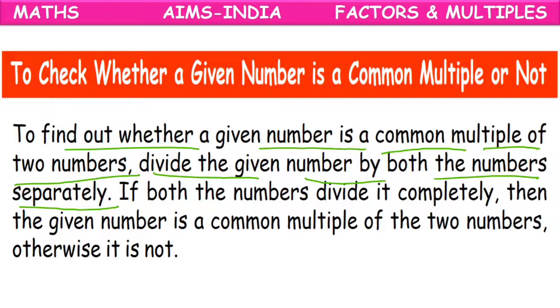We should divide the multiple by both the numbers separately. If both the numbers divide it completely, then the given number is a common multiple of the two numbers, otherwise it is not. Understood? Only after dividing we can say whether it is a common multiple for both the numbers or not.